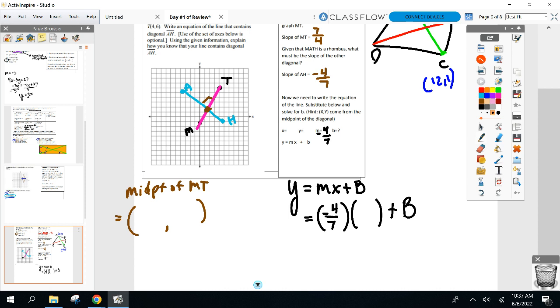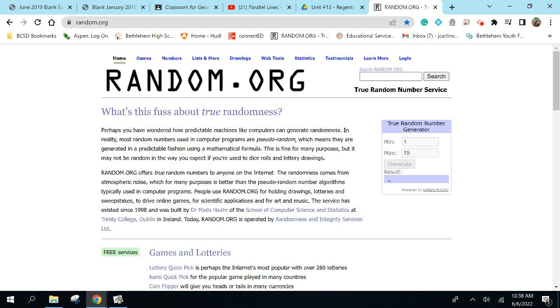That'll be a point on there that I can plug into y equals mx plus b. It's okay to get decimals. When you have the midpoint of MT, let me know what you have.